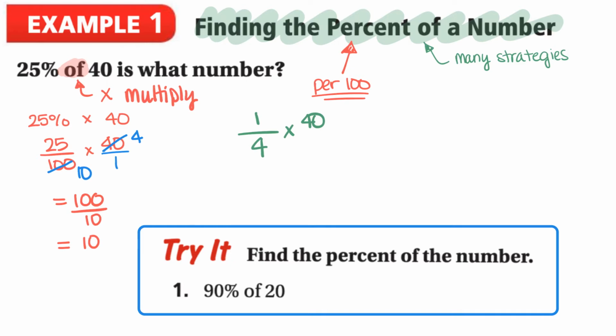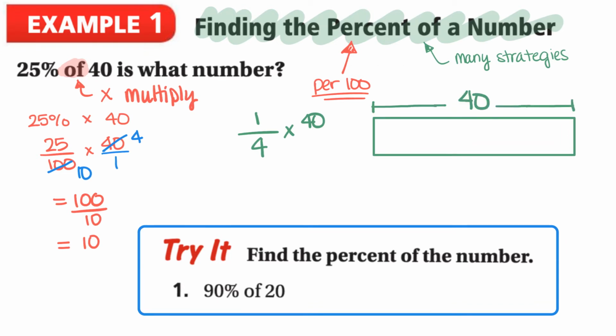So if we were to use a bar model, we would then have a bar, and this whole bar would be equal to 40. And then we would split this bar up into 4 parts, and then 40 divided by 4 is 10, so that means each section is equal to 10. And since we only need 1/4, we only need one of these sections, and we can still get 10. So we can still see with using a bar model that 25% of 40 is 10.